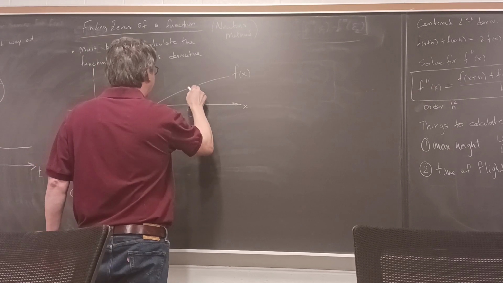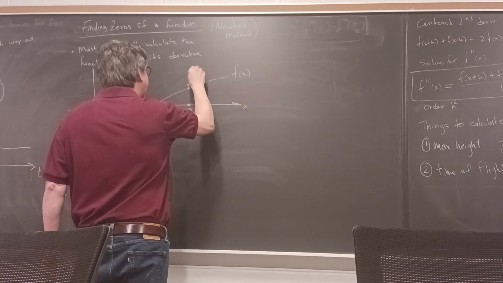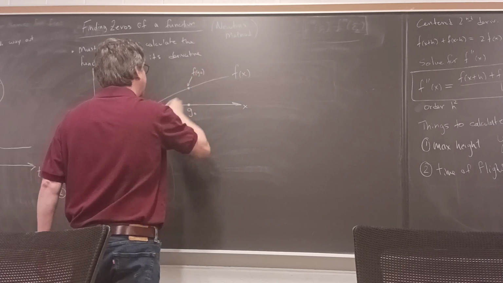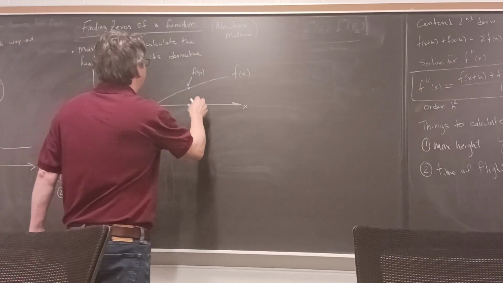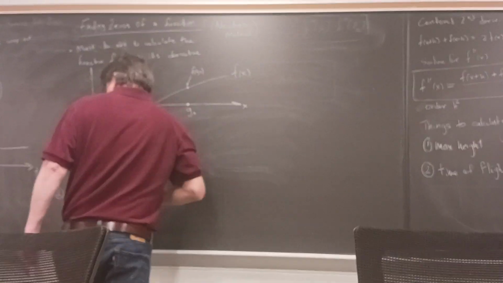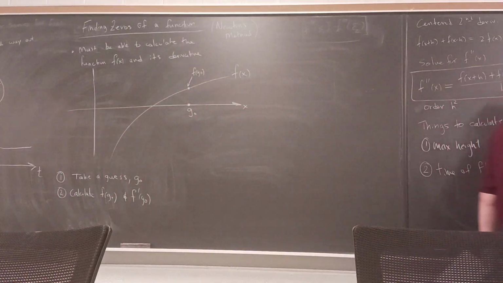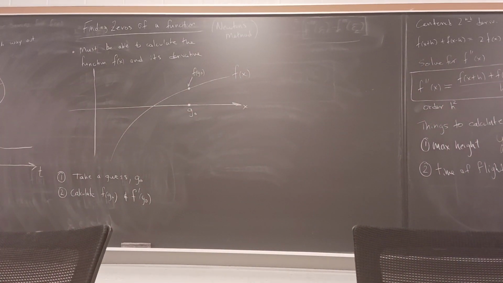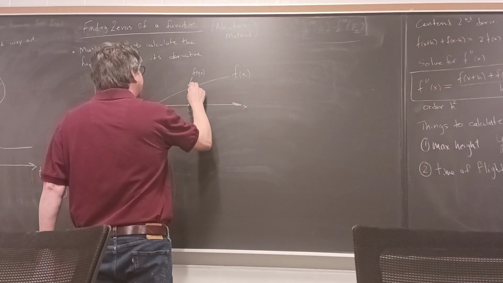So what is f? This is f at G0. It's that point on the graph, and it's also this distance here.